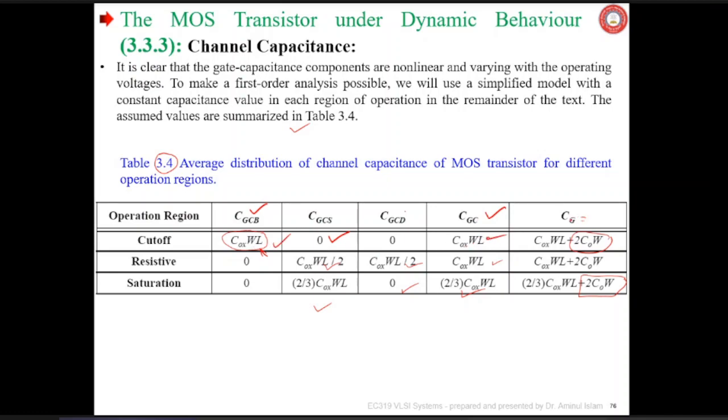And CG is considering the overlap capacitance also, two sides, so 2 XD is there, so it is 2 Cov. Similarly, the capacitances for the resistive region and the saturation region are given. So remember some values here and understand properly, because certain questions can be given based on this table.